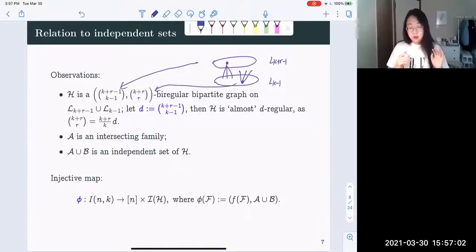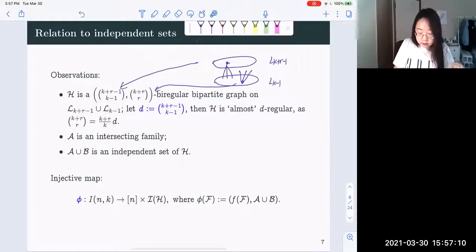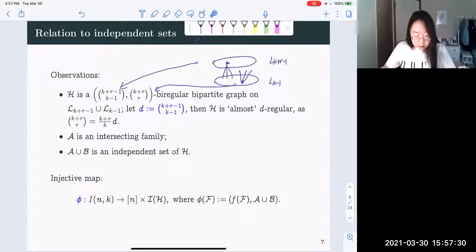So if they are from the same part, they always have the same degree. For ease of notation, we denote d to be the first degree. And actually, this graph is almost d-regular, in the sense that the second degree is asymptotically d. This fraction, when r is much smaller than k, is asymptotically 1. So it's almost a regular graph.